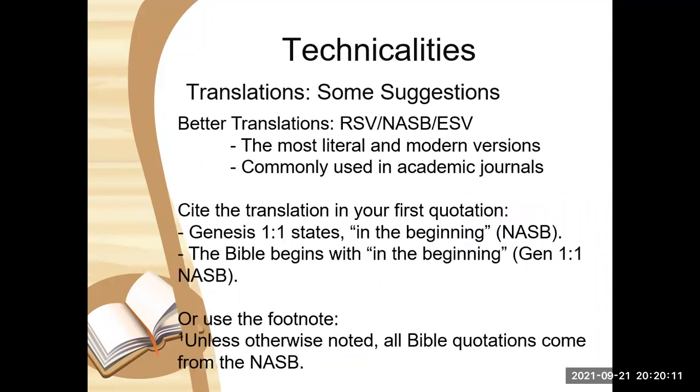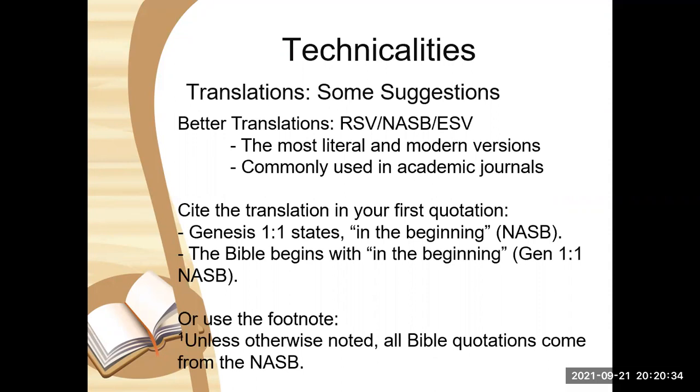So better translations: RSV, the Revised Standard, NASB, the New American Standard, and ESV, the English Standard Version. These are the most literal and really the modern versions. And these are also the ones most commonly used in academic journals. That is, unless the person is translating on their own.